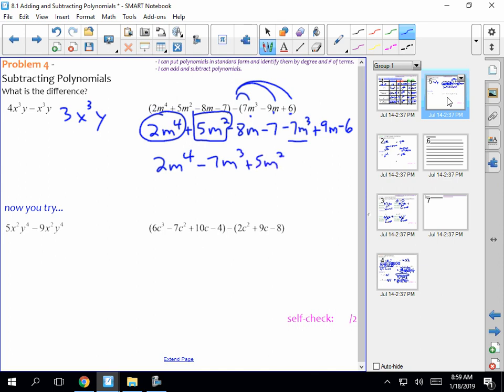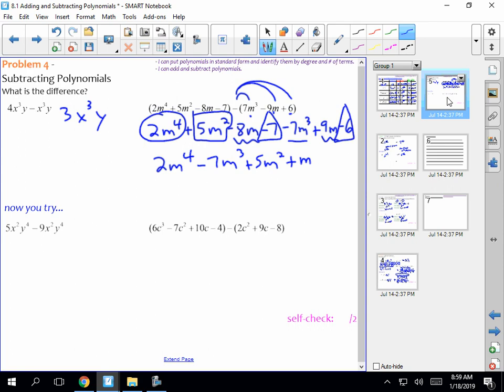It's not until I get to the m terms that I actually have like terms. I have a negative, hopefully you can see this negative sign here in front of the 8. Negative 8m plus 9m is 1m. And then finally, I need another symbol. I've used rectangle, circle, straight line, squiggly line. I don't know. How about that?